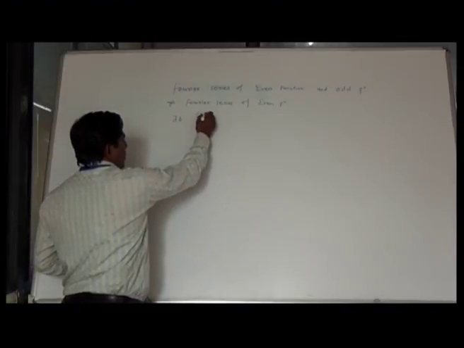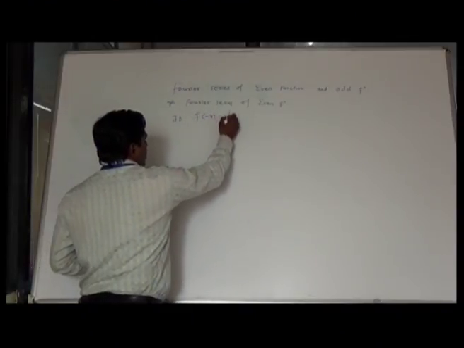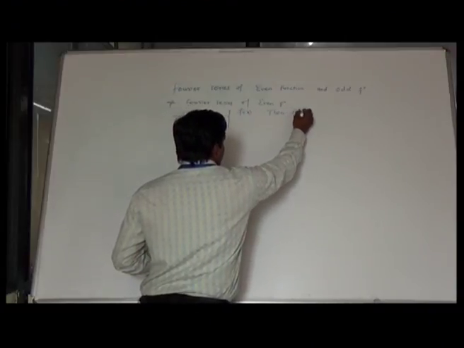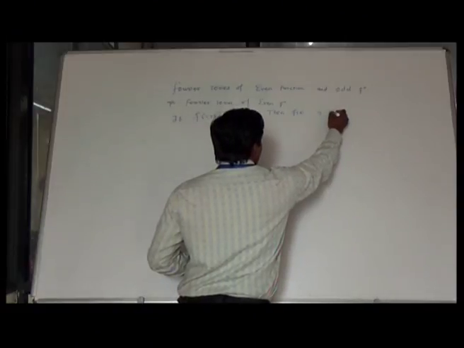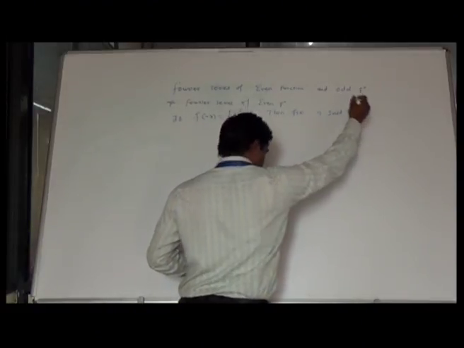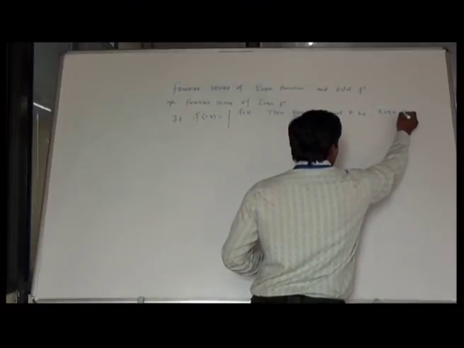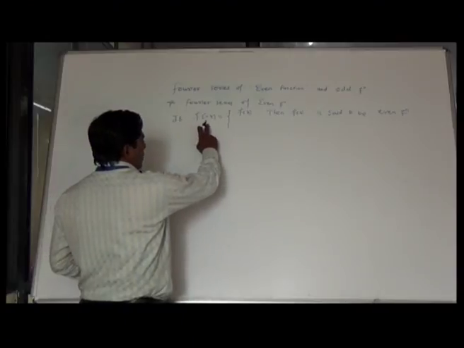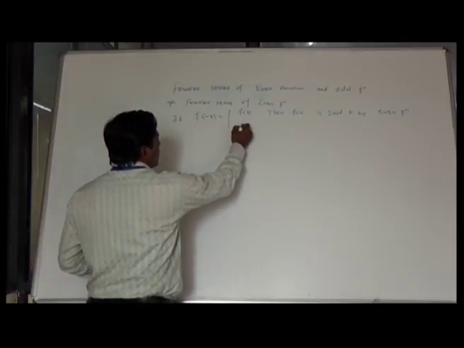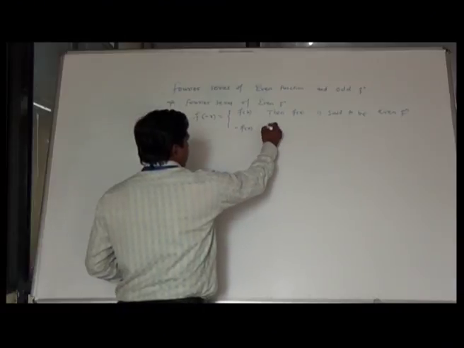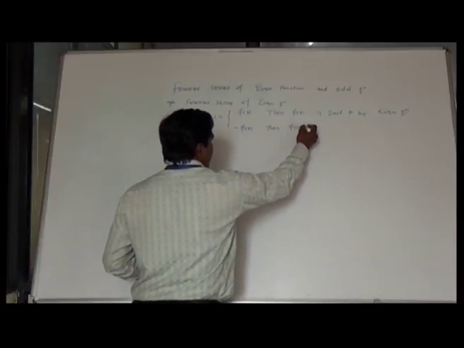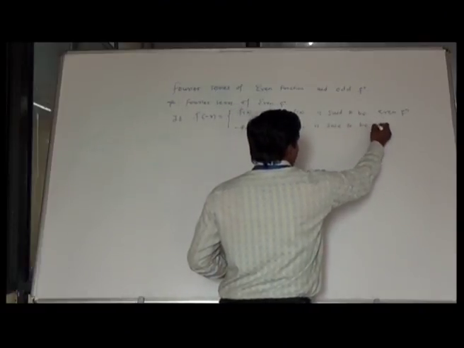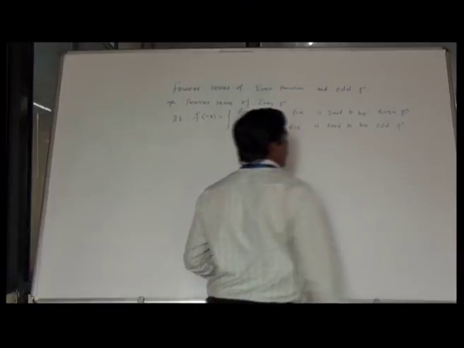If f of minus x is equal to plus f of x, then the function f of x is said to be an even function, and if f of minus x is equal to minus f of x, then the function f of x is said to be an odd function.